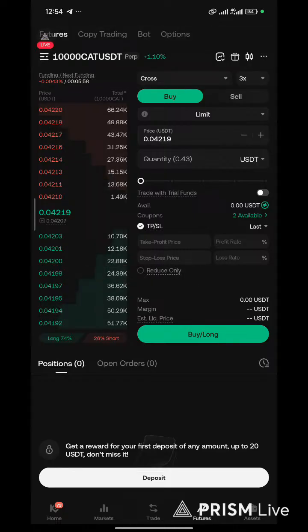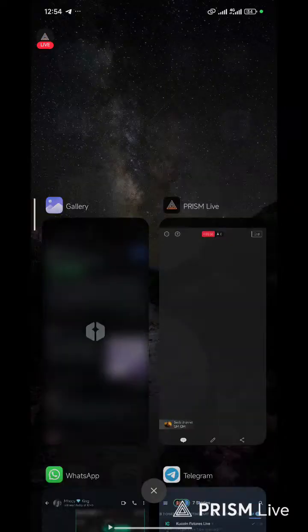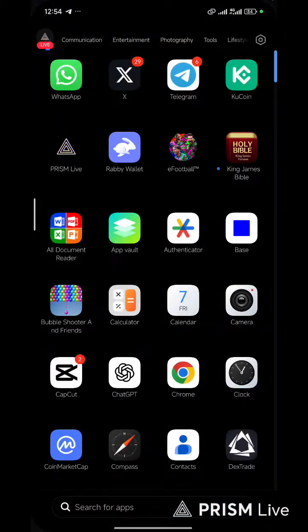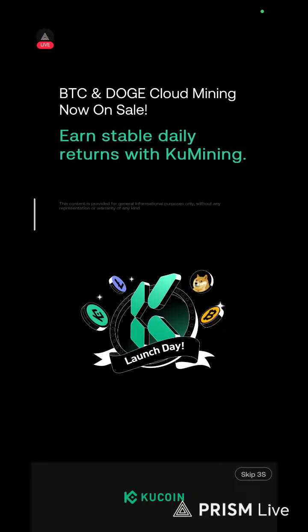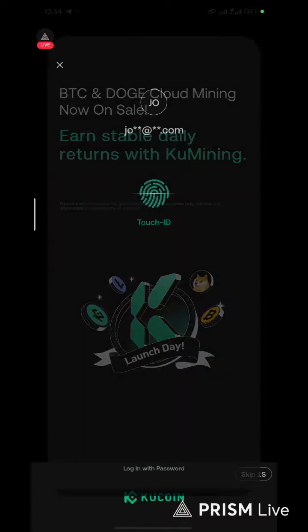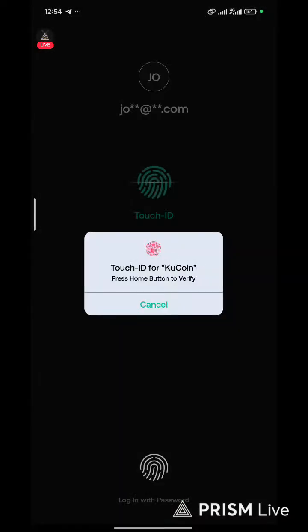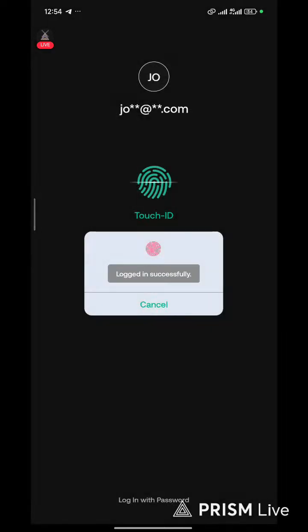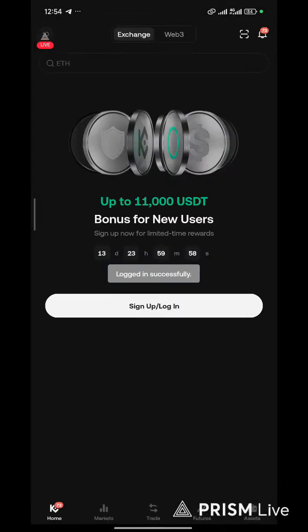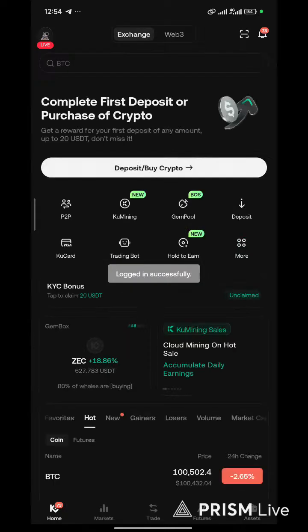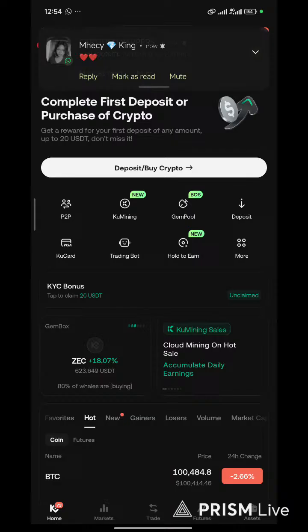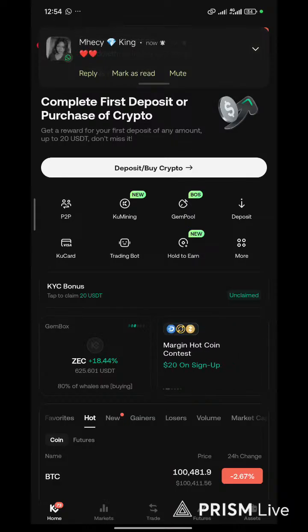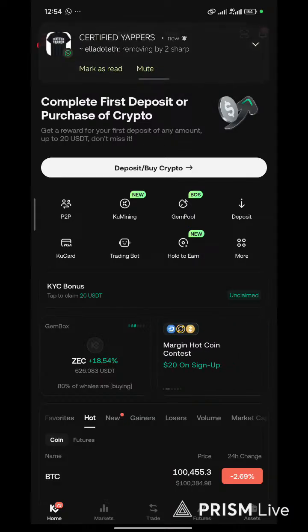So once you sign up on your KuCoin, this is how it's going to look.